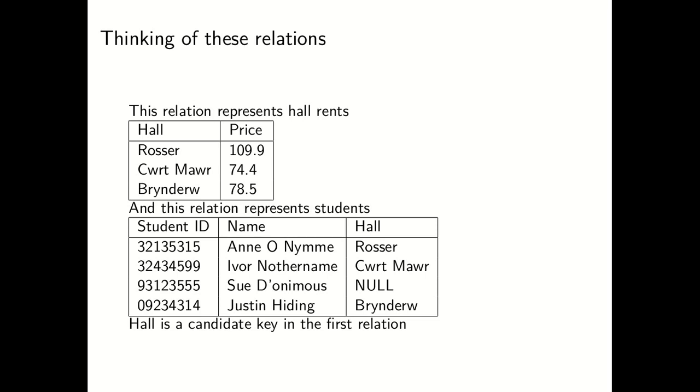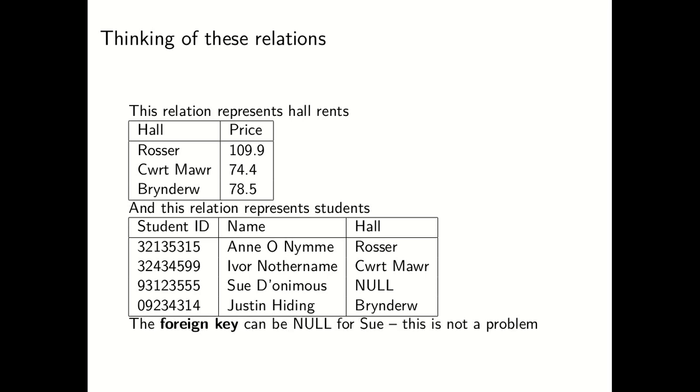In the second relation, we don't need to think about what the candidate key is because we're talking about the foreign key. The foreign key in the second relation is hall. It's the candidate key of another relation in the database, and every entry in it is either the candidate key in that relation or it is null.